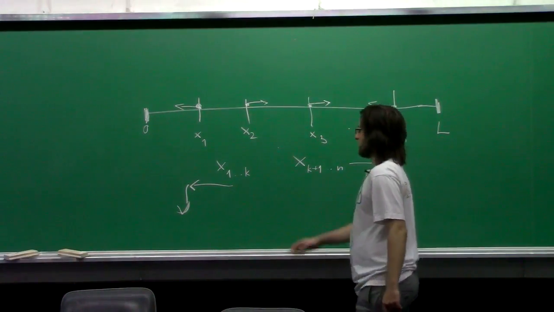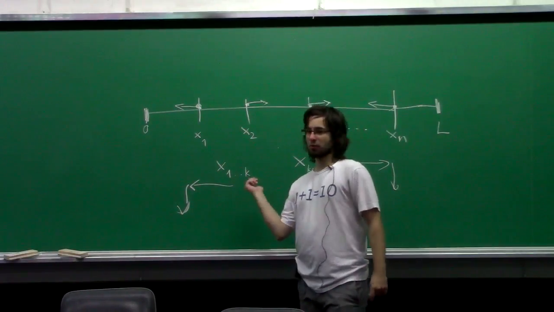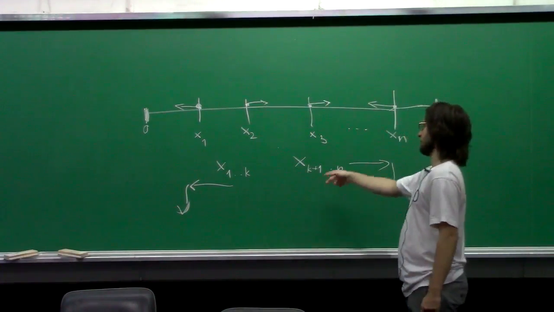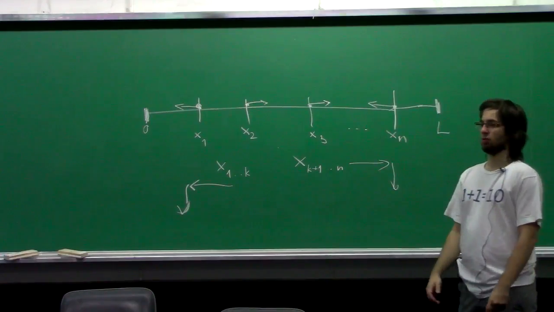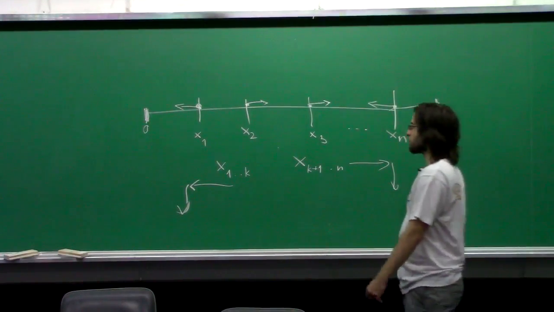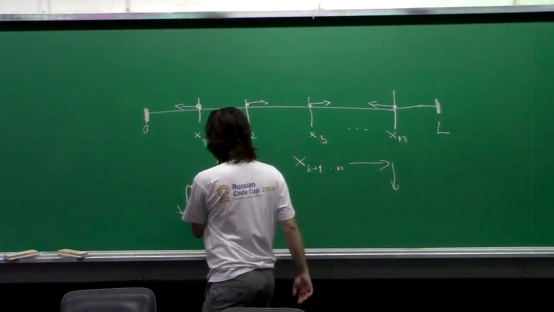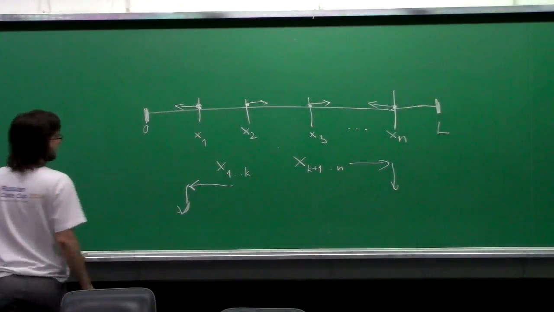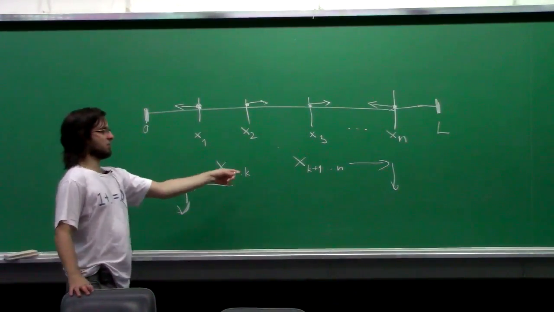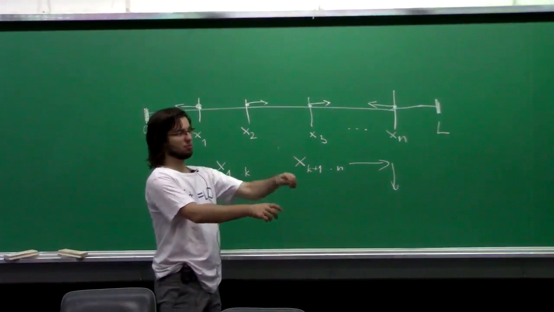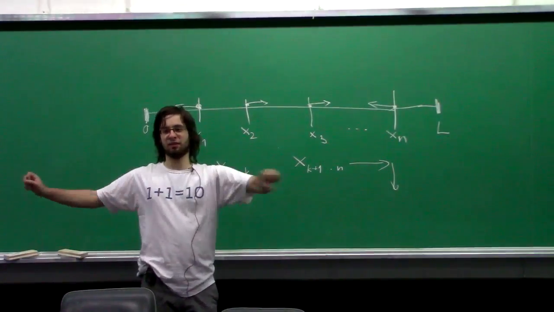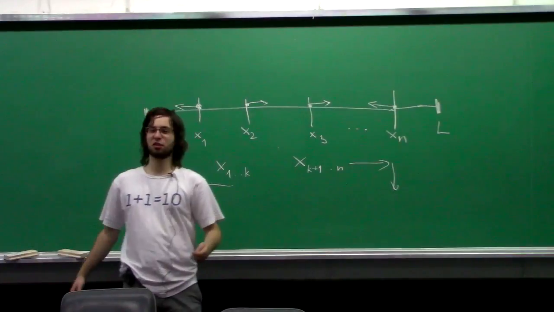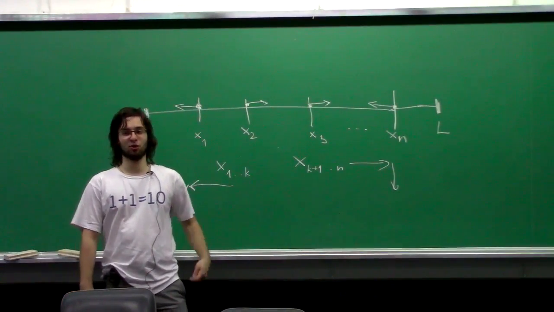We still need to find out when ant k drops from the left and when ant k plus 1 drops from the right, and also what is the value of k. And for this we can use a very nice trick: instead of considering that when two ants collide they start moving in opposite directions, we can just say that the ants don't collide.